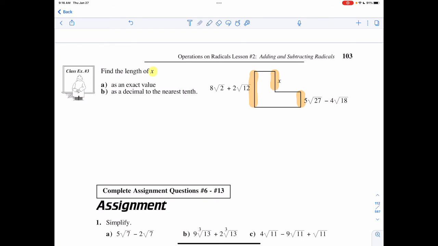Or that if I take this length and I take away this length, it's going to leave me with what my x length is.